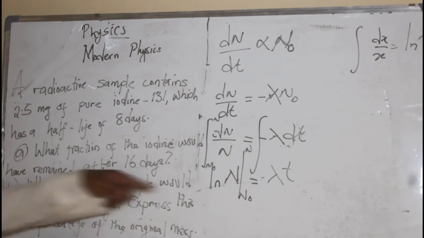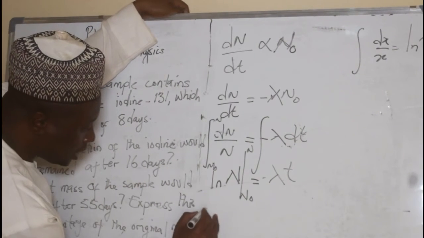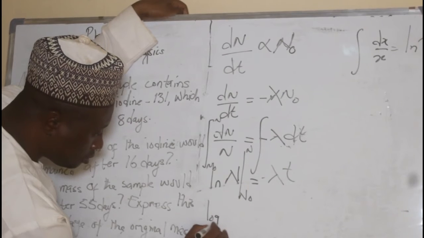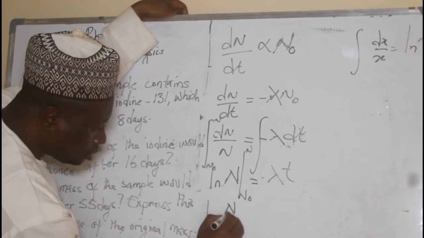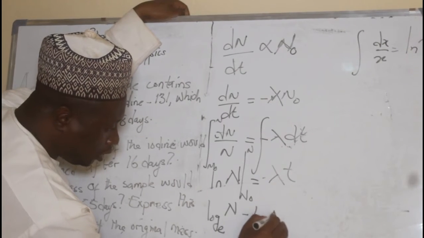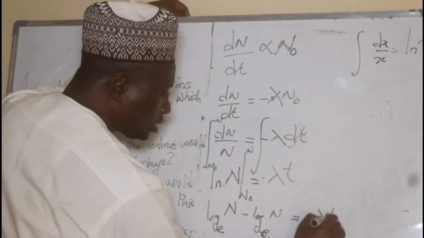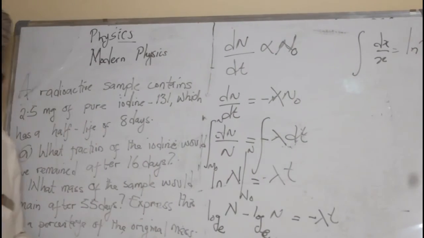So now, this is log, right? So I can simply write this as log n base e minus log n naught base e is equal to minus lambda t. Is that okay?